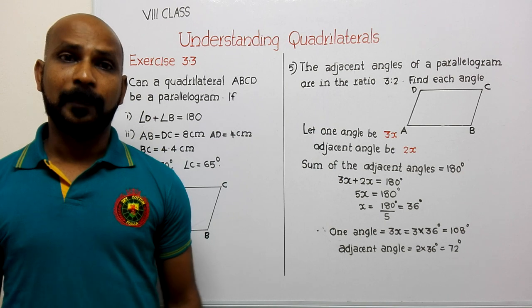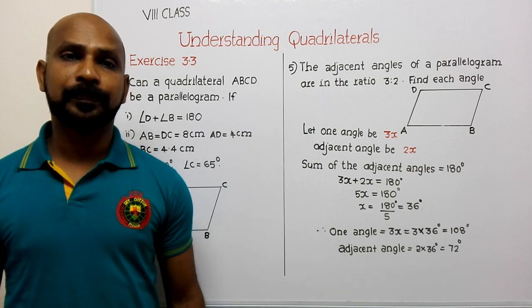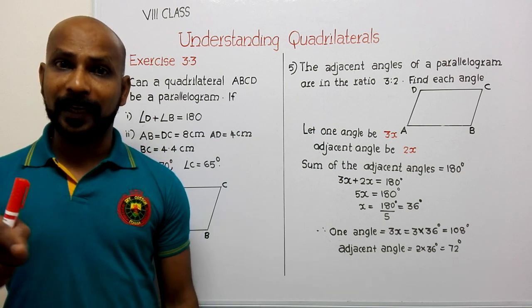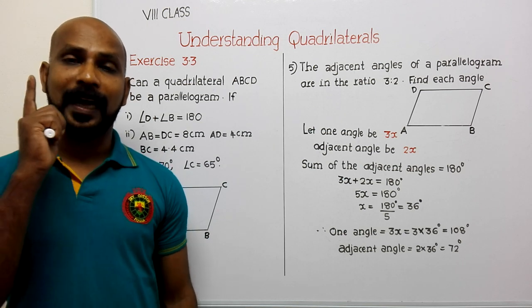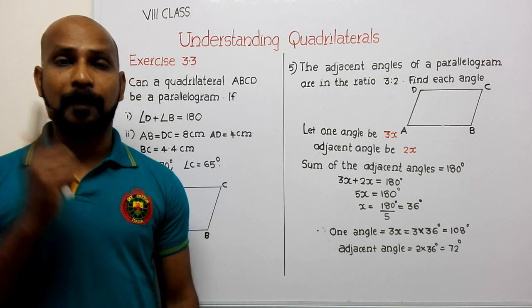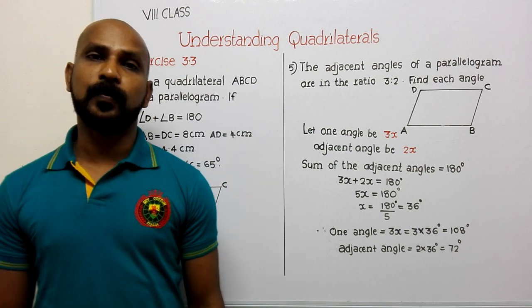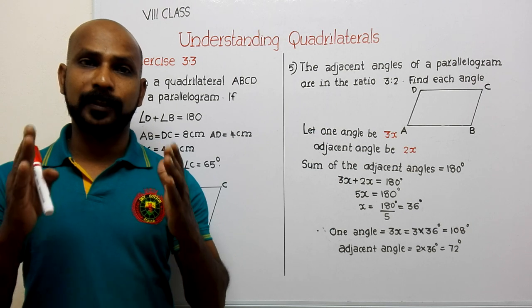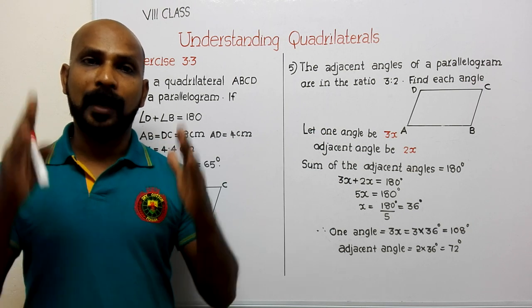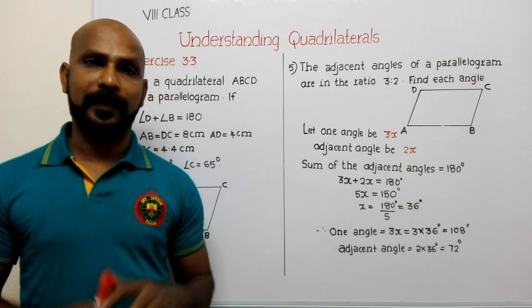That is enough. But what are the other properties? In a parallelogram, opposite sides are equal, opposite angles are equal, and the sum of adjacent angles equals 180 degrees. Okay. So whenever you do any problem related to a parallelogram, you have to keep all these things in your brain.